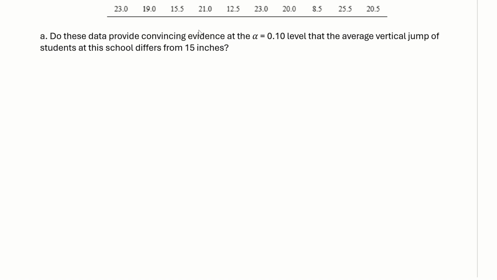Okay, so let's look at it. Here we're going to do a test. So let's go ahead and do the state stage. Let's do our H0 and our HA. For our H0, we're dealing with means, so we have mu. It says that it differs from 15 inches, so that means it could be equal to or it could be different from 15.